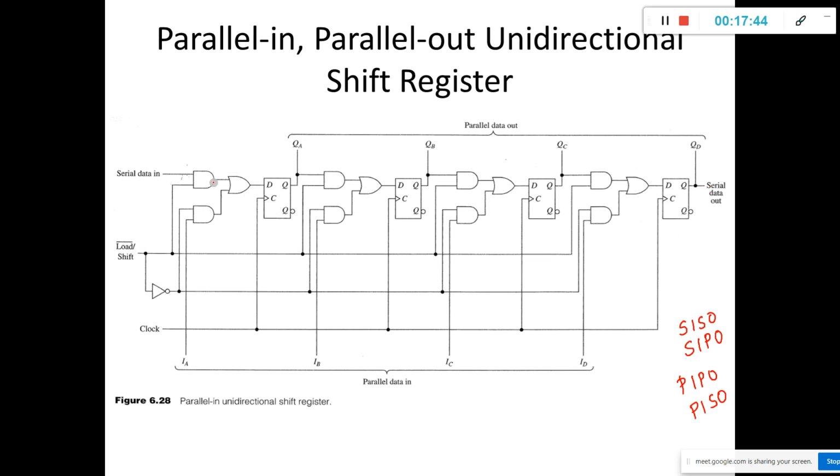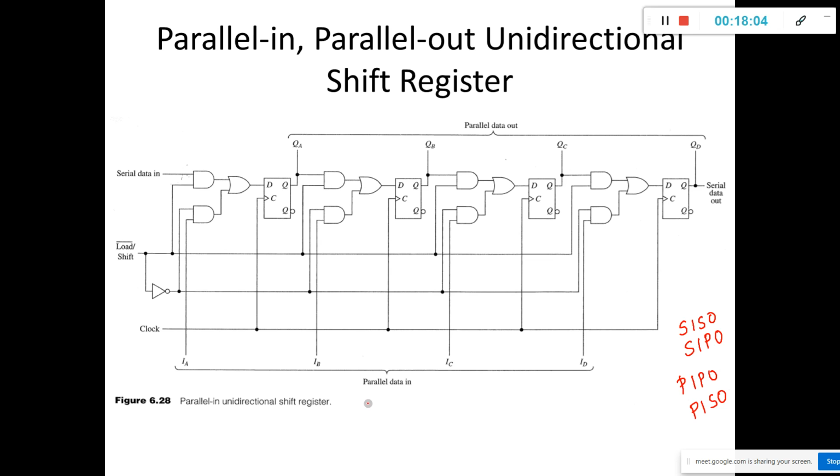Okay. So here this AND gate is used for serial data in, this AND gate is used for parallel data in. Load bar shift is 1 means it is connected here, so serially the data is transferred. If load bar shift is 0, then the parallel data is loaded.